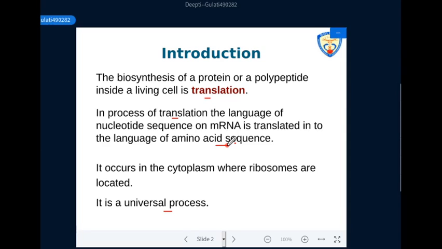The information contained in our genetic material is first copied into a messenger RNA strand, and then that messenger RNA strand is decoded into an amino acid chain, which is also a polypeptide chain. This process of translation takes place in the cytoplasm, where the protein translation machinery is located.